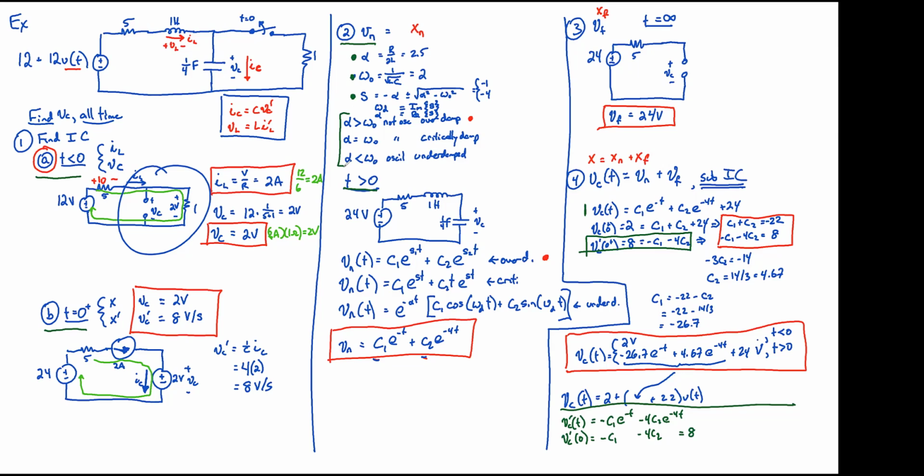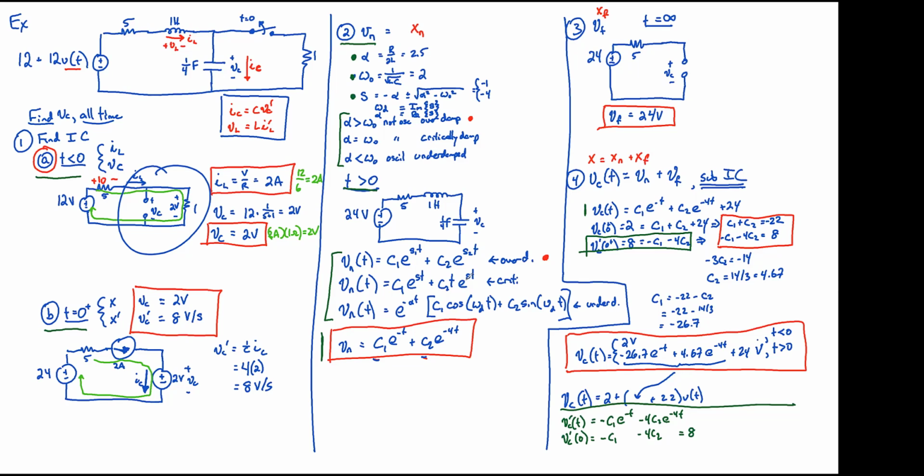And depending upon which relationship of those 3 possibilities with alpha, we'll use one of these 3 possibilities for our natural solution. We then find our natural solution, which we just read out from up here, plugging in our s values, and it's going to have unknowns. And we want to keep those unknowns there. We do not want to solve for our unknowns.